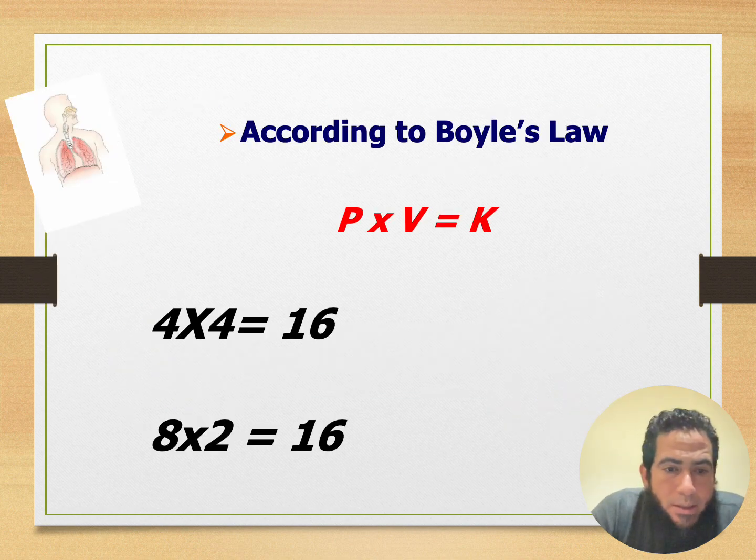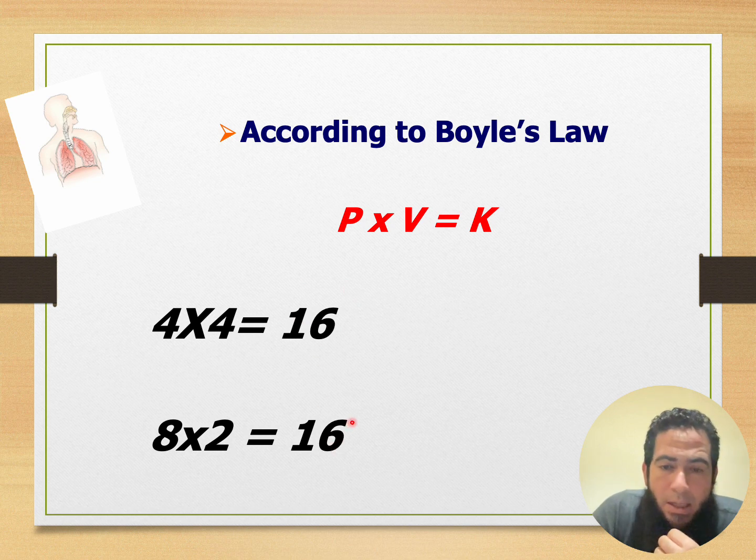So all of us know about the pressure control modes and volume control modes, but actually to know the relation between the volume and pressure, we need to quickly discuss Boyle's law. Boyle's law states that pressure multiplied by volume equals constant. For example, just to make it easier, 4 by 4 equals 16. If you changed one 4 to be 8, the other 4 automatically will be 2 for the 16 to remain constant.